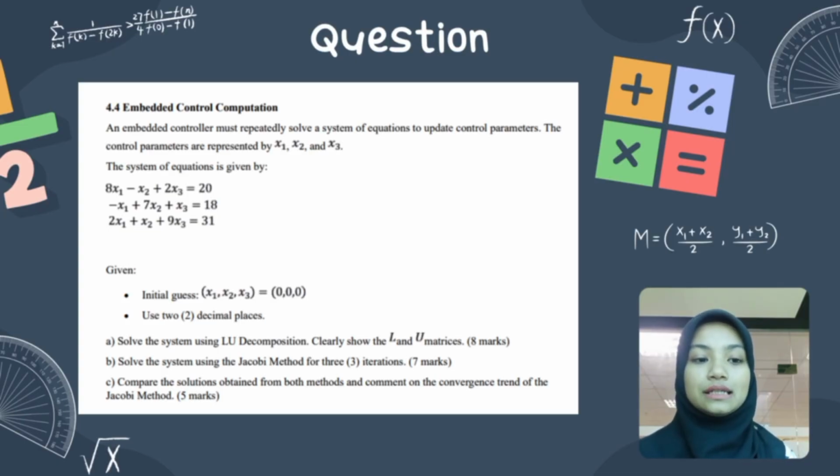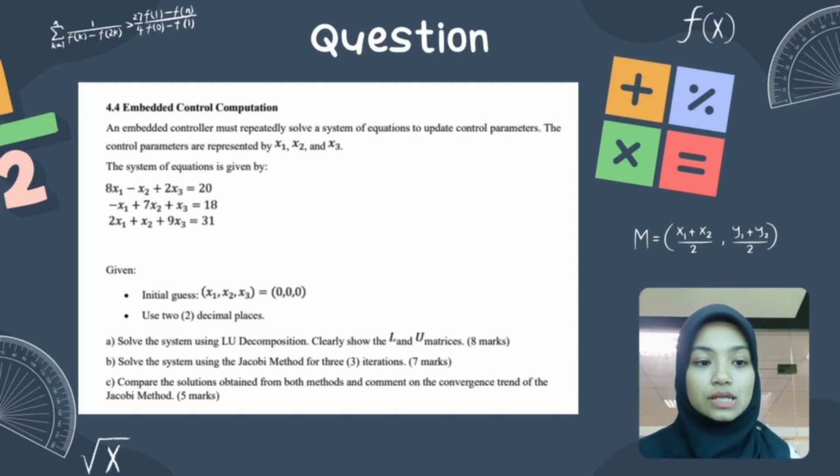The question is A. Solve the system using LU decomposition and clearly show the L and U matrices. L represents the lower matrix and U represents the upper matrix.